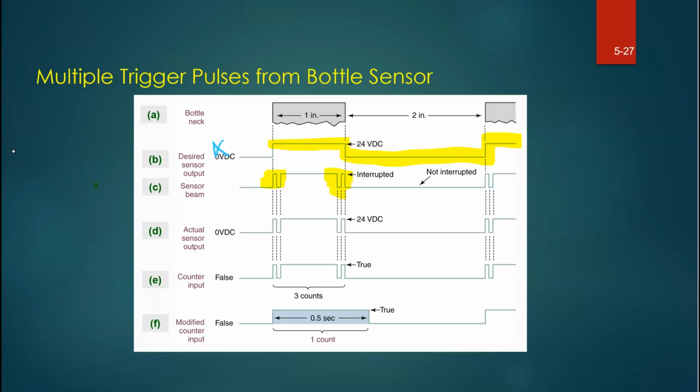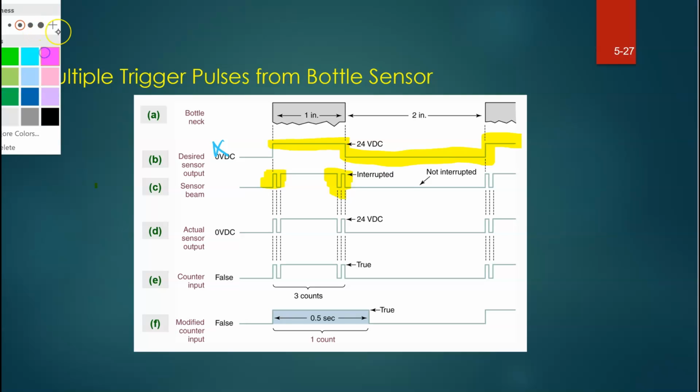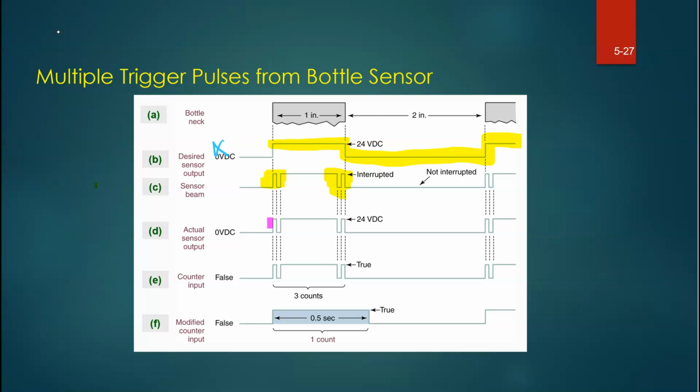But the problem is that if we feed a signal like this into our counter, the counter will count every single transition from 0 to 1. So 0 to 1, 0 to 1, again 0 to 1. All those transitions will be counted.